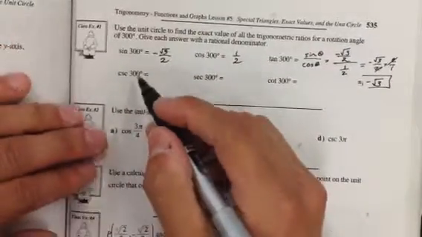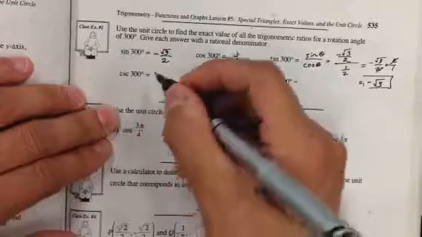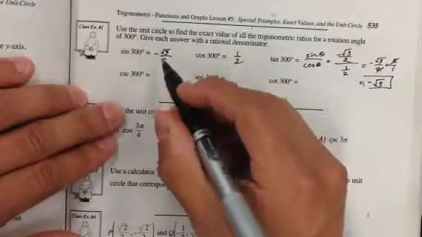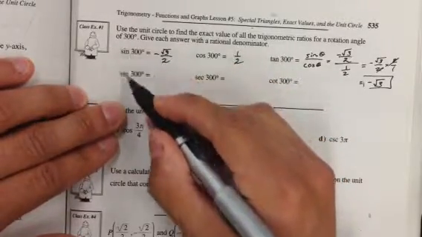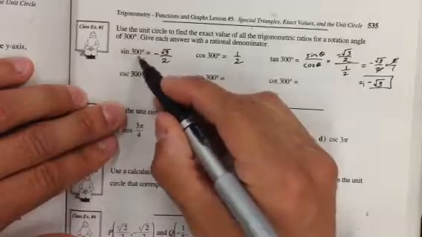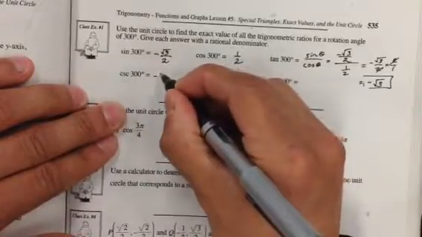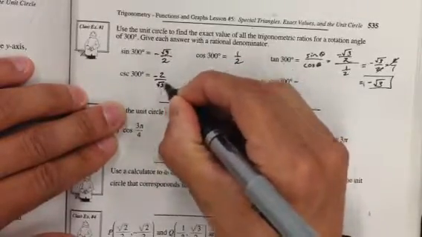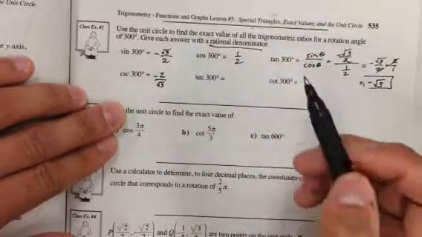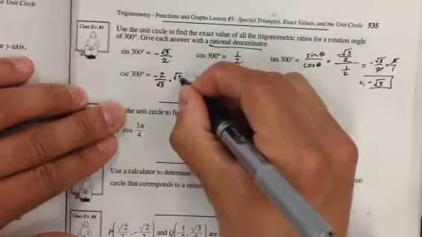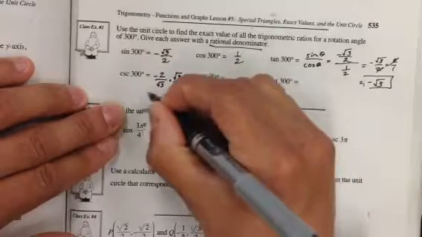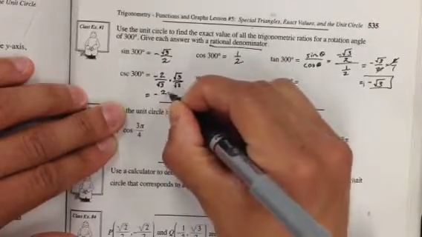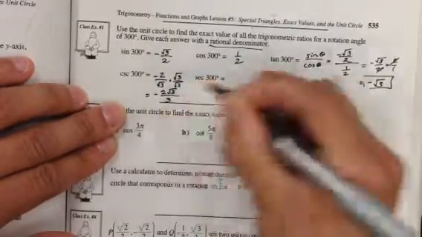If I'm looking for the cosecant of 300 degrees, then remember cosecant is the reciprocal of sine 300 degrees. This would give me negative 2 over √3, but I want to have rational denominators, so I'd have to multiply that by √3 over √3, which would give me negative 2√3 over 3.